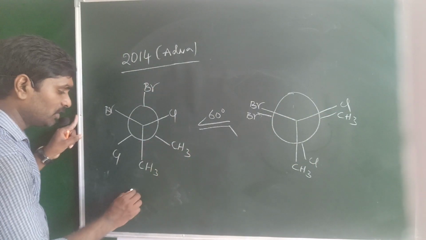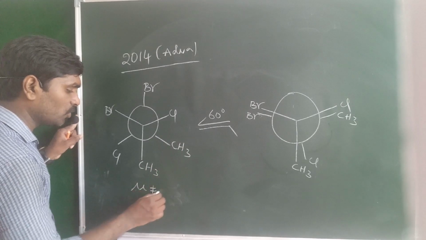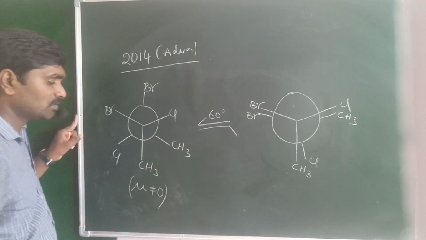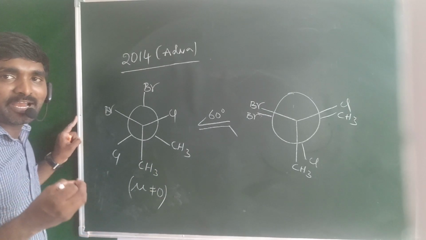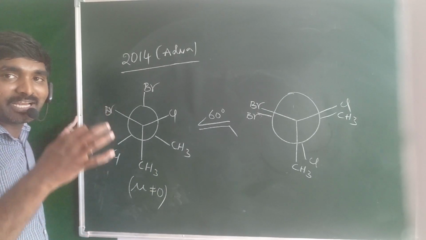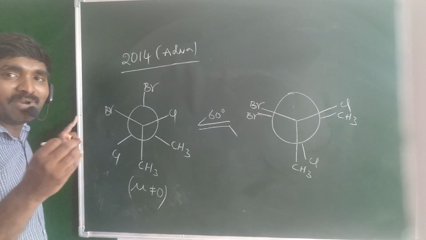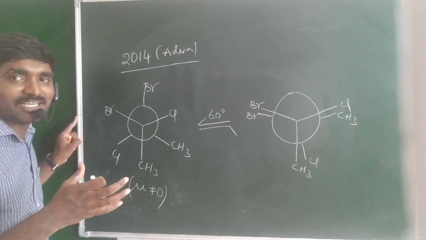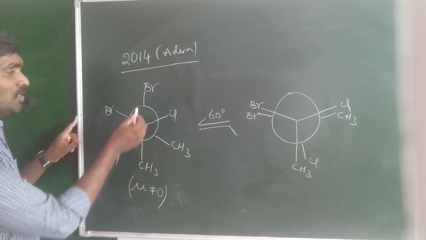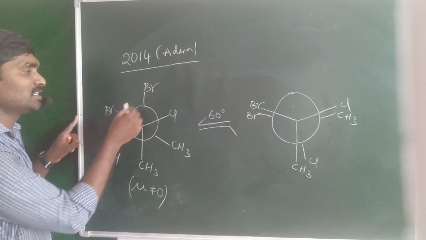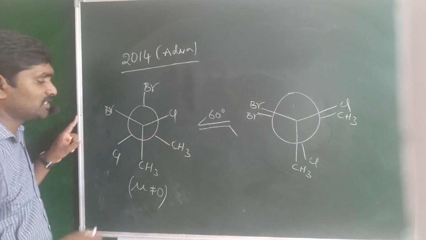In this molecule, the dipole moment mu is not equal to 0. Why? Dipole moment is 0 only if the same kind of groups are present in opposite directions, so that their moments cancel each other. But in this case the Br groups are at 60 degrees, that means they are parallel to each other.